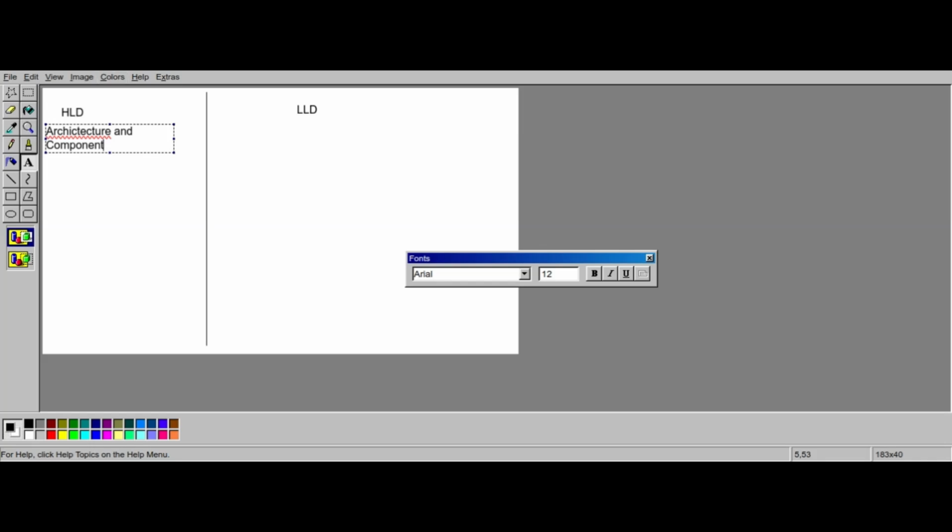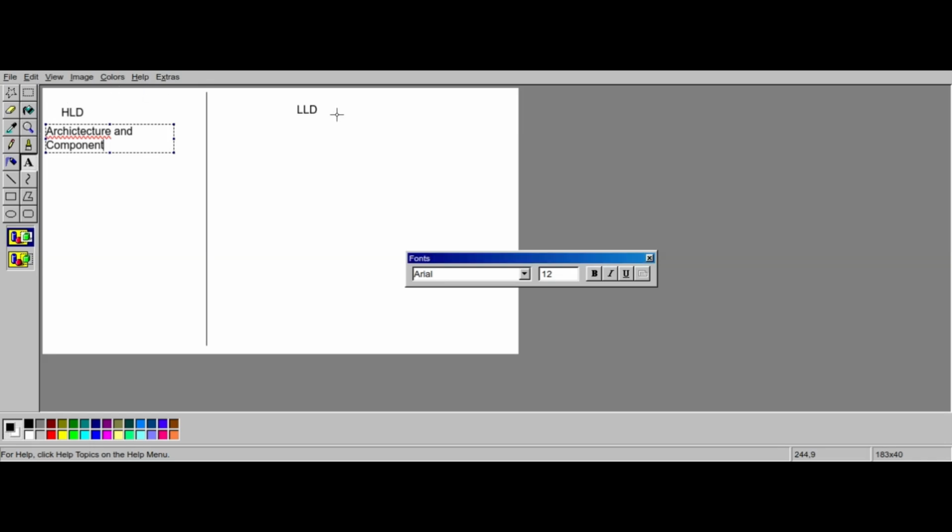These are the components and architecture. So which architecture will be included for high level, meaning which side this design goes on, is the architecture, and the other is the individual component.